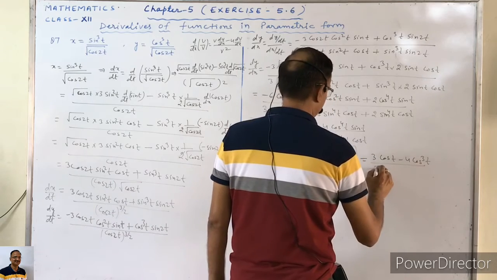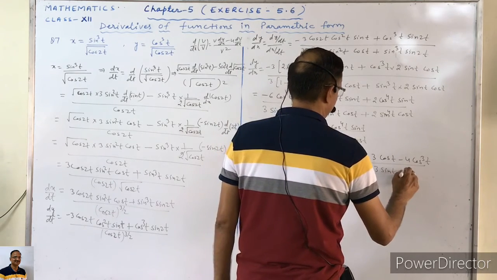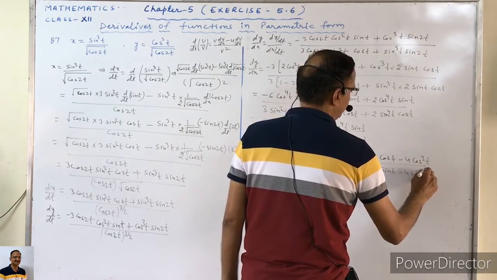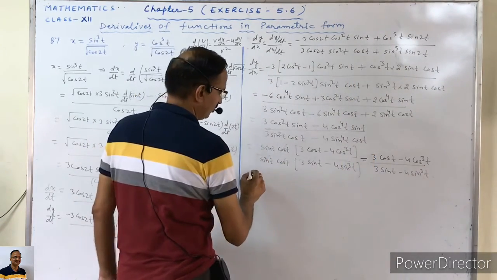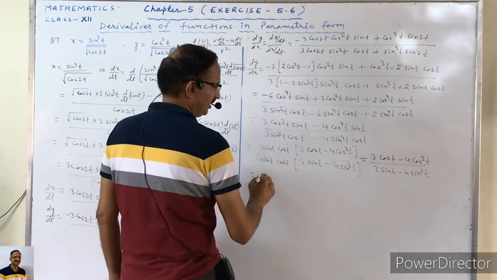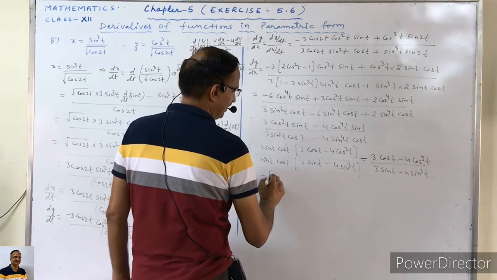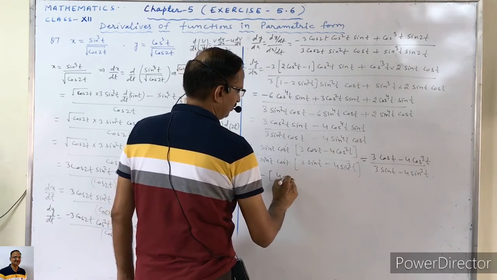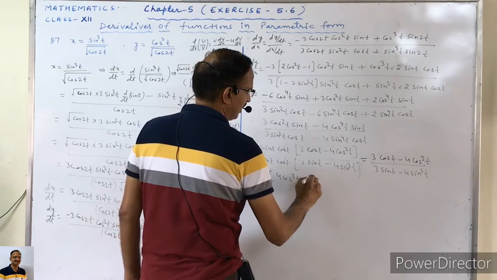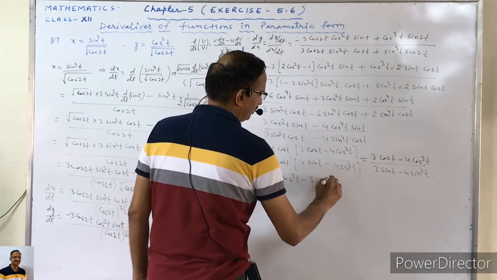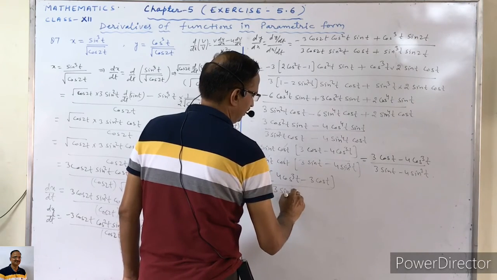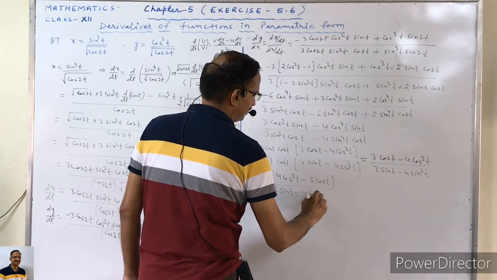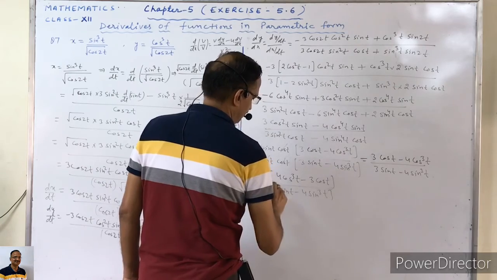In the denominator, this is 3 sin t minus 4 sin cube t. When we take minus common from the numerator, we will get minus as it is. This is 4 cos cube t minus 3 cos t. In the denominator, we have 3 sin t minus 4 sin cube t.